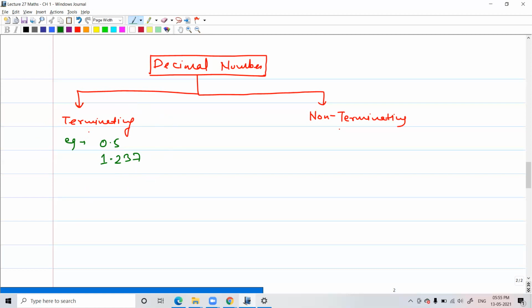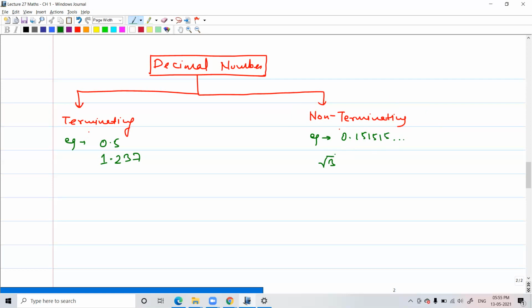Now, what is non-terminating? Give me examples of a non-terminating decimal. 0.1515 keeps on repeating. Yes, very good. So 0.151515 keeps repeating. So this is non-terminating. Root 3. Is it non-terminating?